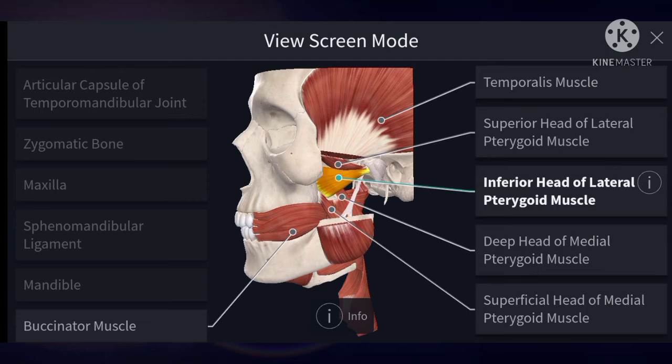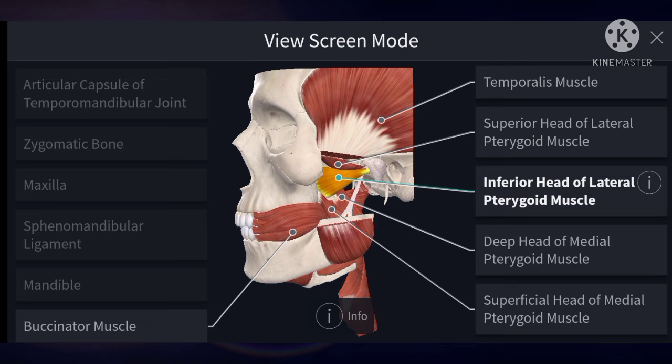The fibers of the inferior head of the lateral pterygoid muscle run backward and laterally and converge for insertion, and it is inserted on the anterior margin of the articular disc and capsule of the temporomandibular joint. The insertion is posterior, lateral and at a slightly higher level than the origin, and it is supplied by a branch from the anterior division of the mandibular nerve.